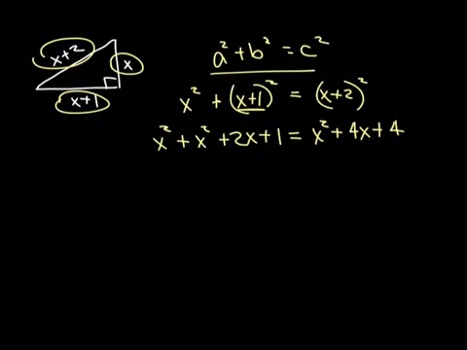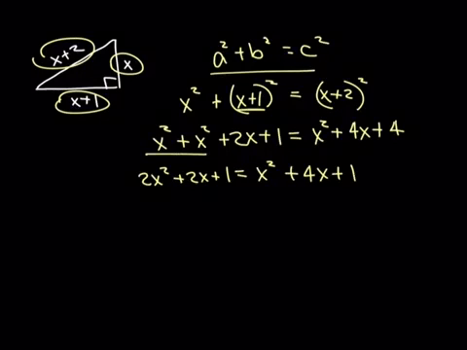Now, we start combining things. I'm going to combine those. And we can't really combine anything else on either side of there, can we? So, the next step is I want this side to equal 0. So I'm going to take all of this and move it over. So I'm going to subtract x squared.